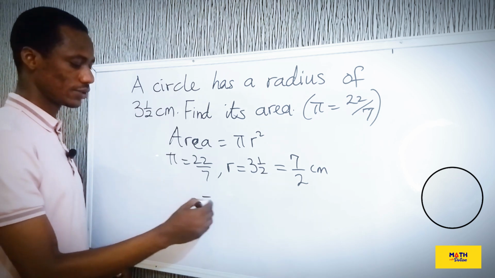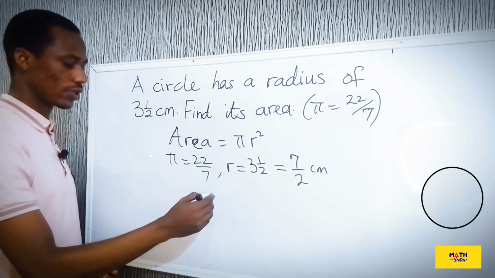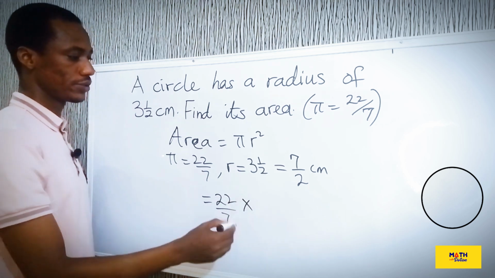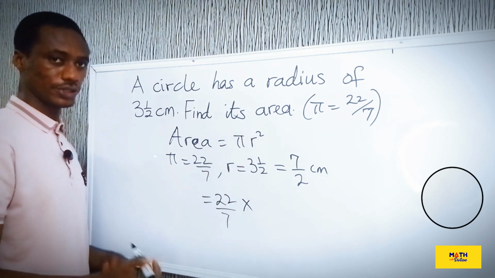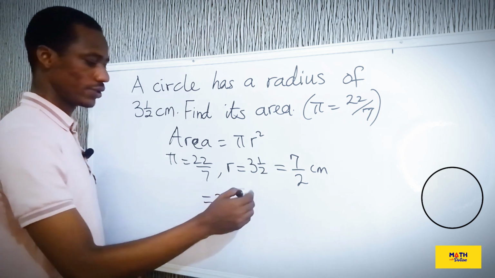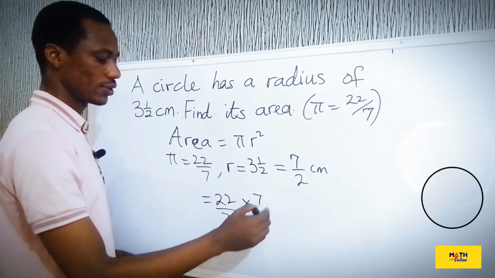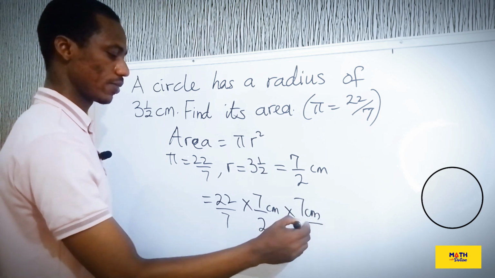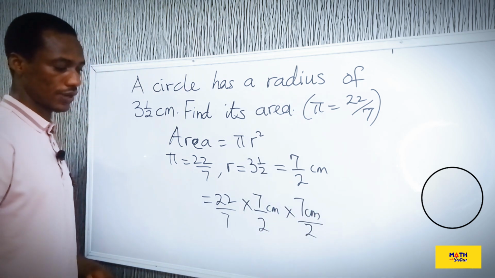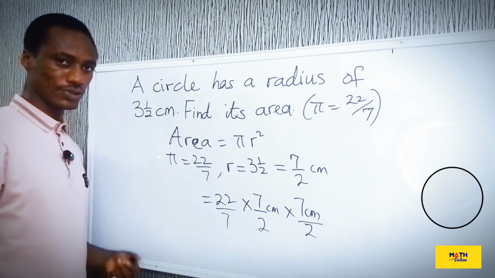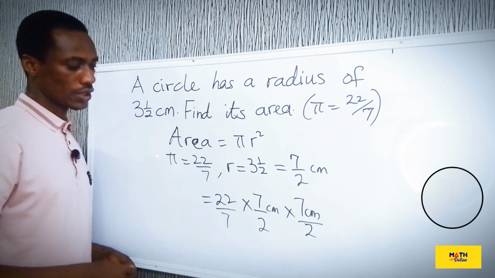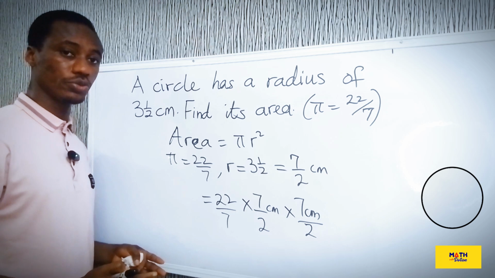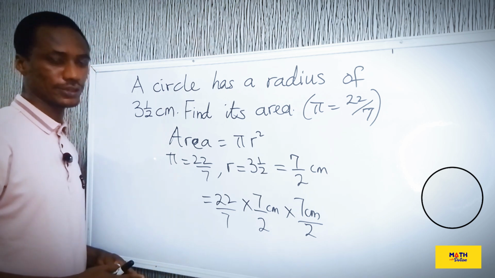So our radius is 7/2 centimeters. Now let's slot in the values and calculate. So we have pi times radius squared, which is radius times radius. Like I told you in the first video, since you're not using a calculator, there's no need to make your calculation cumbersome.